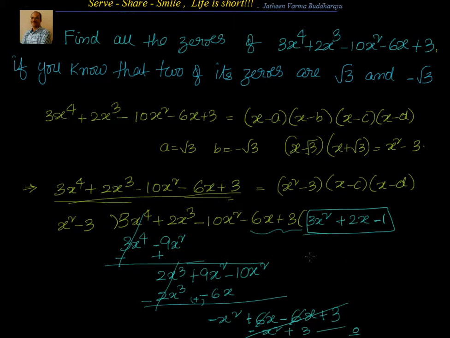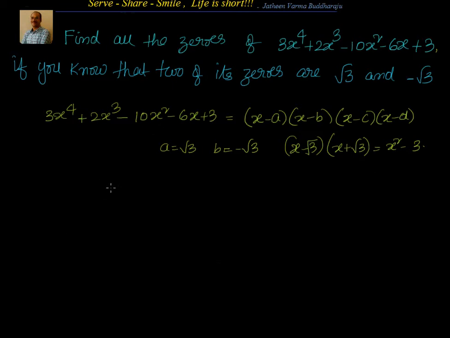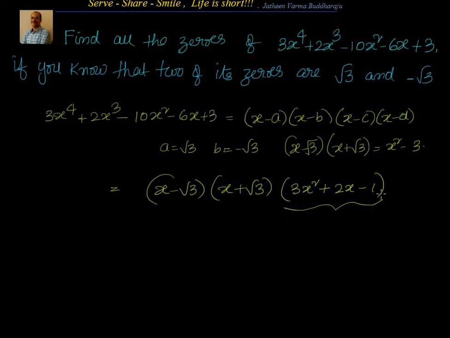So let's see the next step. Now what we will write down: we can write it as x minus root 3 into x plus root 3, we know already, and we just got 3x square plus 2x minus 1. So now we have to find out what are the factors of 3x square plus 2x minus 1.